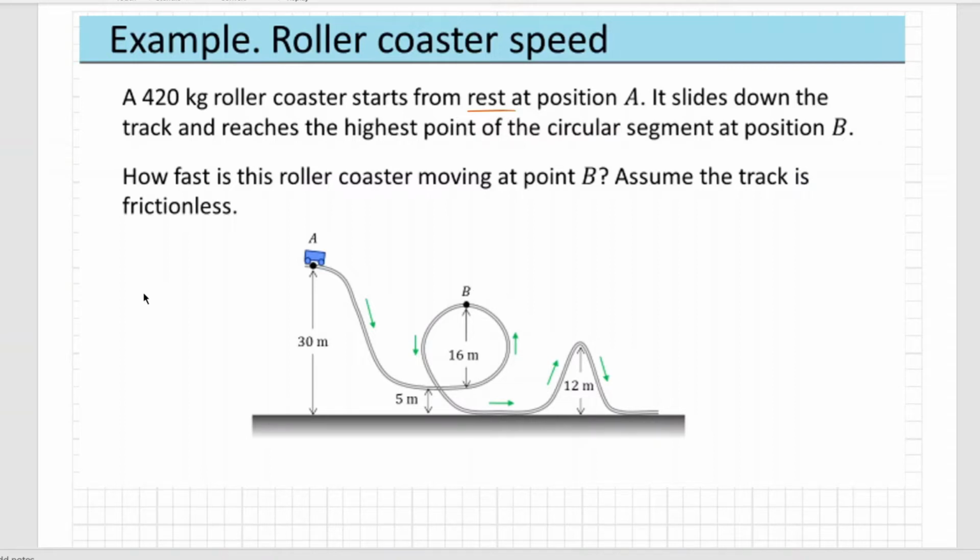The other important thing that is mentioned is that the track is frictionless. This is important because if there was friction, it would do work on the car, and friction is not a conservative force.